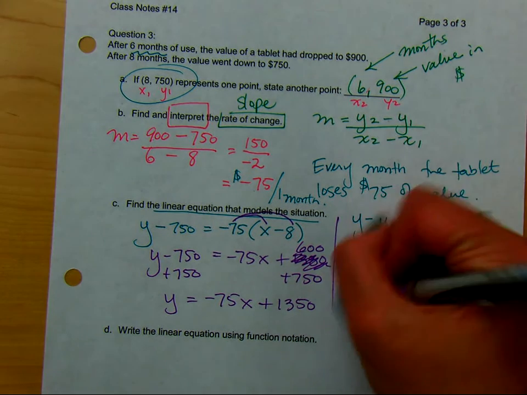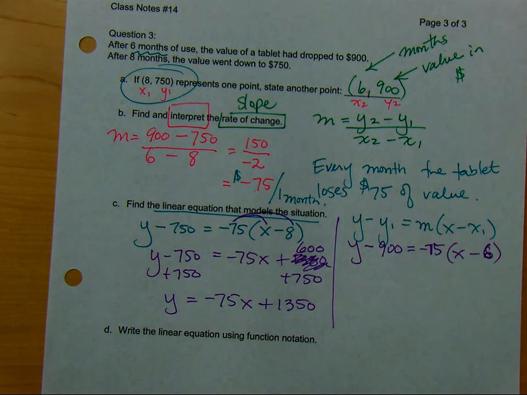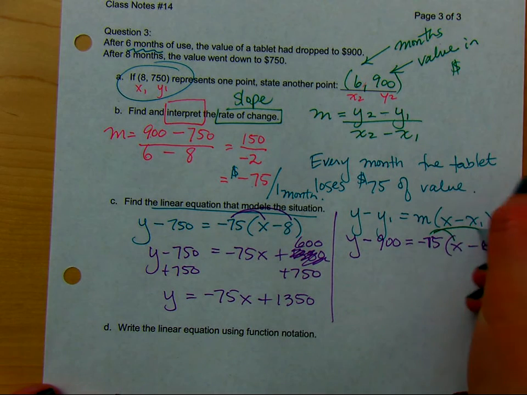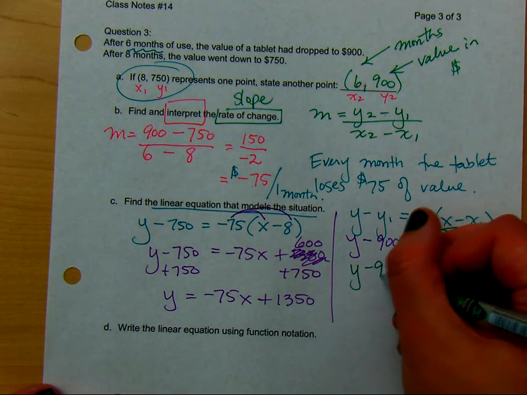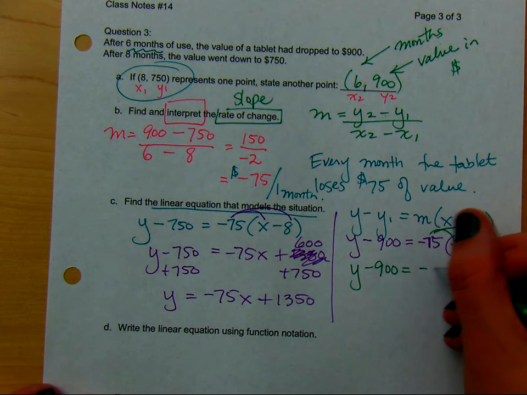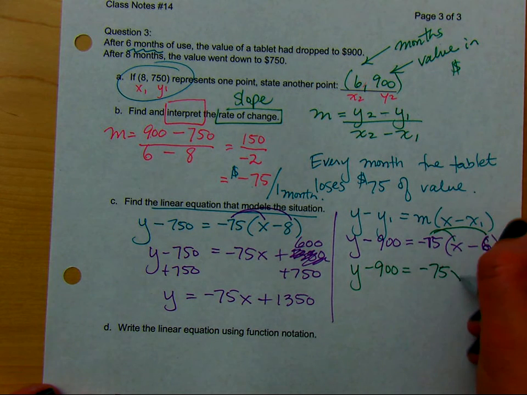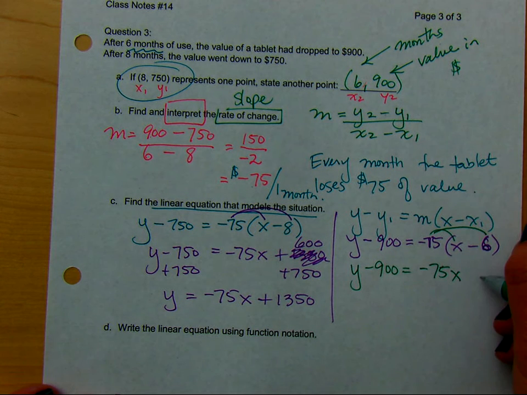Should we just go ahead and do the other one just to prove that you get the same thing? Okay, let's do it. All right, here we would go negative 75 times x. We distribute: y minus 900 equals negative 75x. 6 times 75 is?